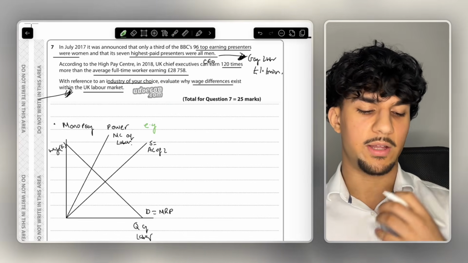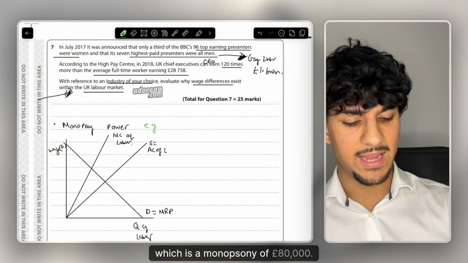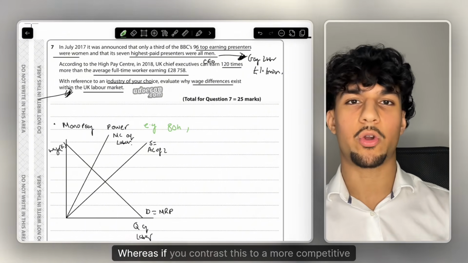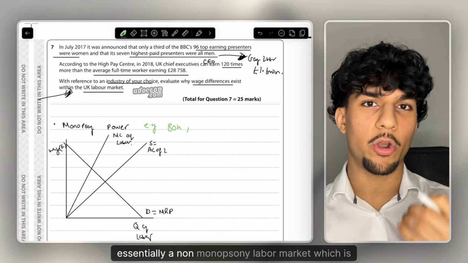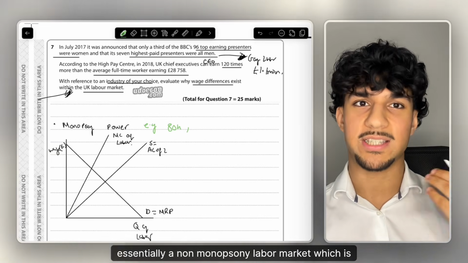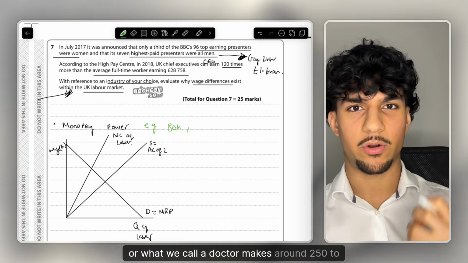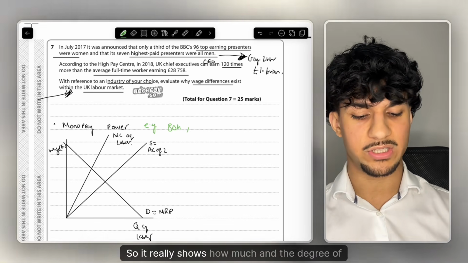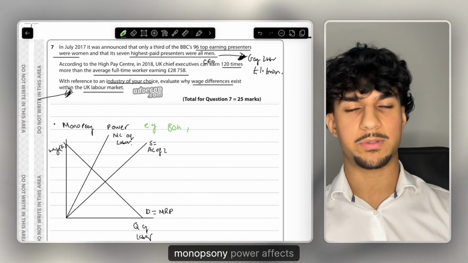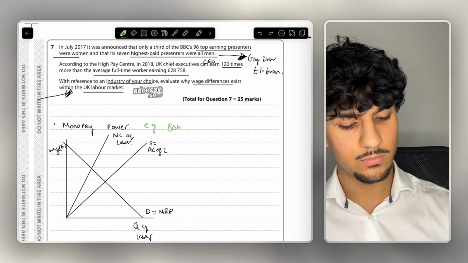In the UK, doctors make on average, of course, which is a monopsony, £80,000, whereas if you contrast this to a more competitive labour market, essentially a non-monopsony labour market, which is the US, the average physician, or what we call a doctor, makes around £250,000 to £300,000. So it really shows how much the degree of monopsony power affects wages within the UK.